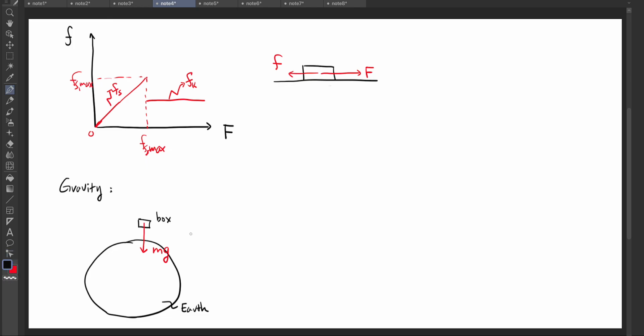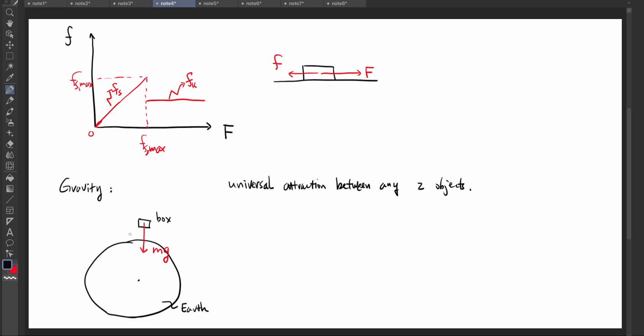Why is that? So the reason for that is because of the gravitational, the universal attraction between any two objects.